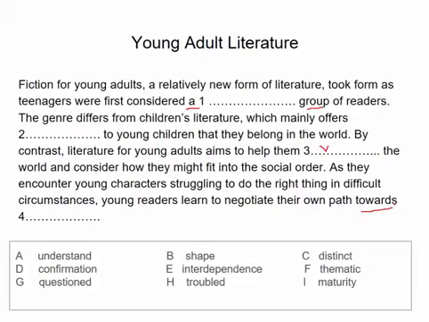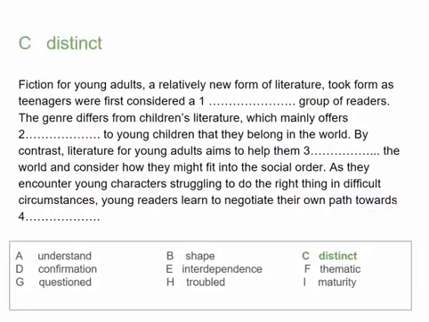Let's find the answers and think through what ideas they paraphrase from the passage. Starting with number 1. The answer for number 1 is C, distinct. Distinct is an adjective, and the meaning of distinct is unique or separate, something different from something else.